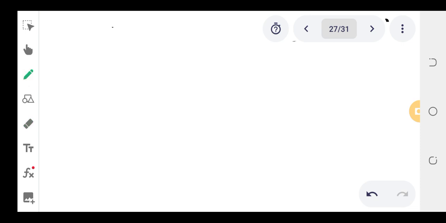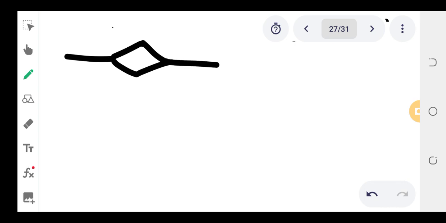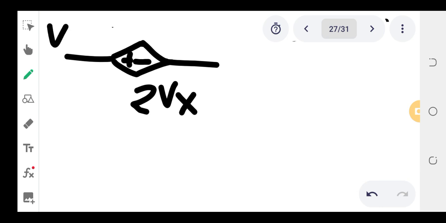We have between V1 and V2 that voltage source, the dependent voltage source, which is 2Vx. That is the value. Then here we have V1, and here we have V2.